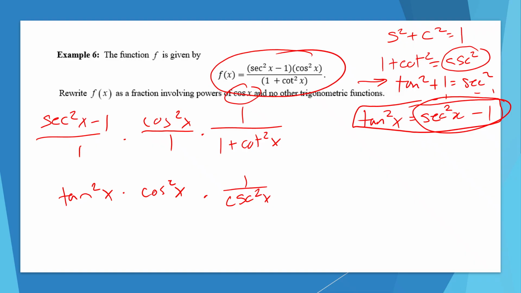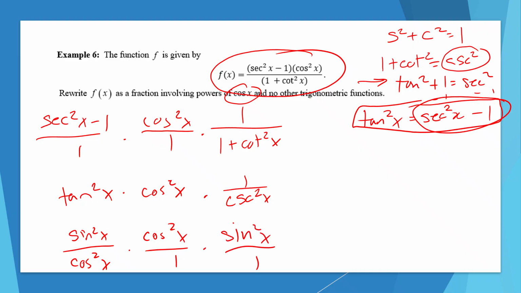And now putting everything in terms of sine and cosine, we get sine squared x over cosine squared x times cosine squared x times, this would be sine squared x over 1 using the reciprocal identities. Here we can cancel those out and we are left with sine squared x, and there's 2 of those.